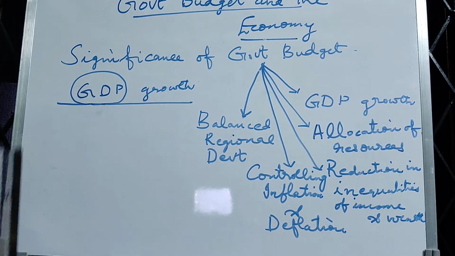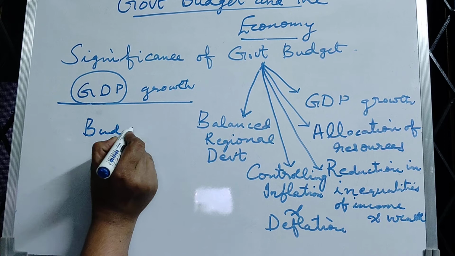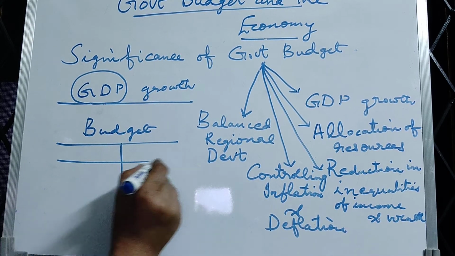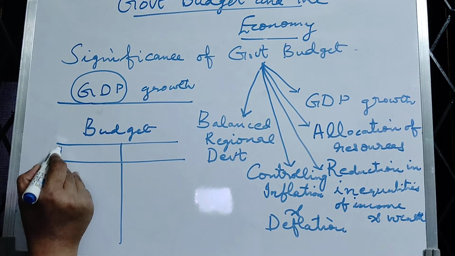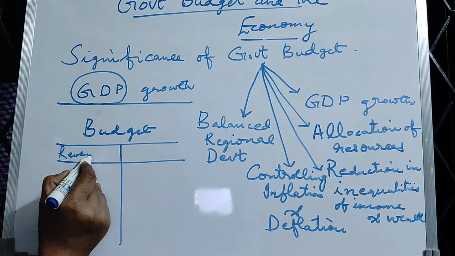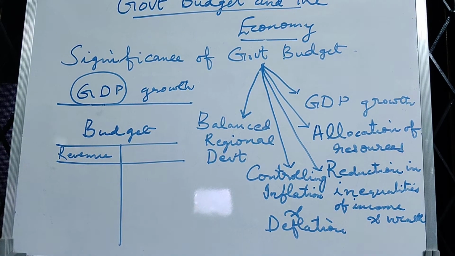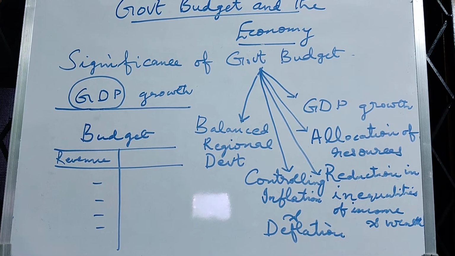Let us understand that. For that, you have to remember what a budget is, which I have said already. The budget is a financial statement of the government revenue: what are the different sources of income to the government, and from which source, what amount of income will be generated in the next accounting year.